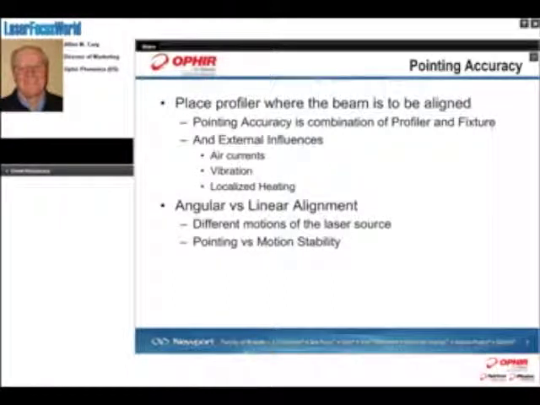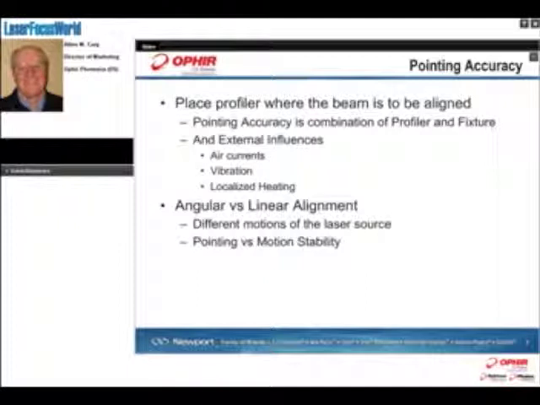And in general, what you're trying to do is align the pointing of the laser and get rid of any of the additional motion that would be the linear motion. So this would be your vibration or anything that has to do with the fixture not being as stable as it should be.